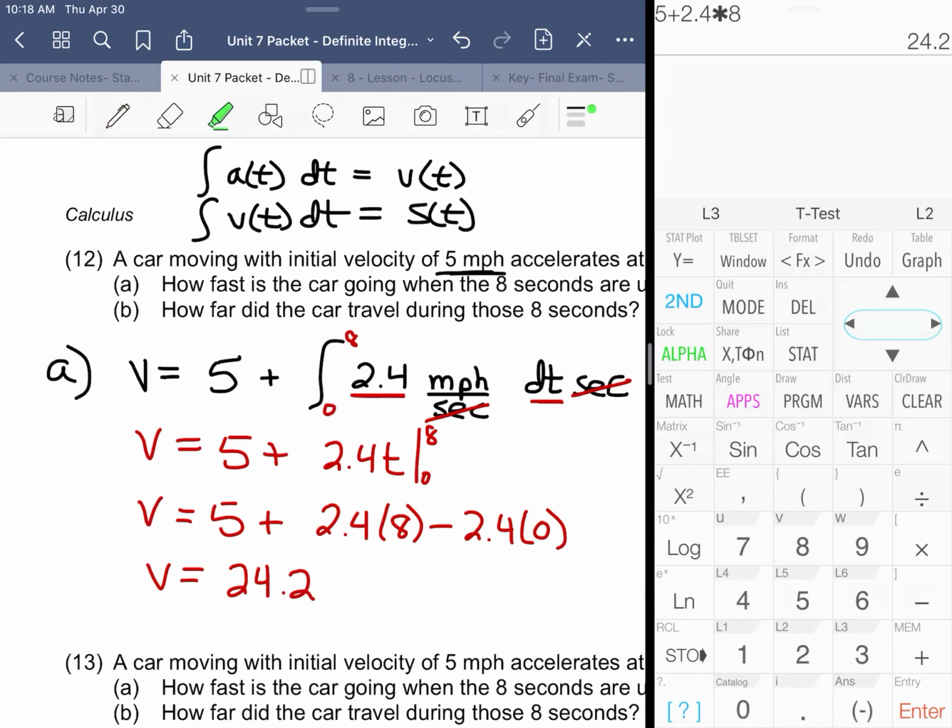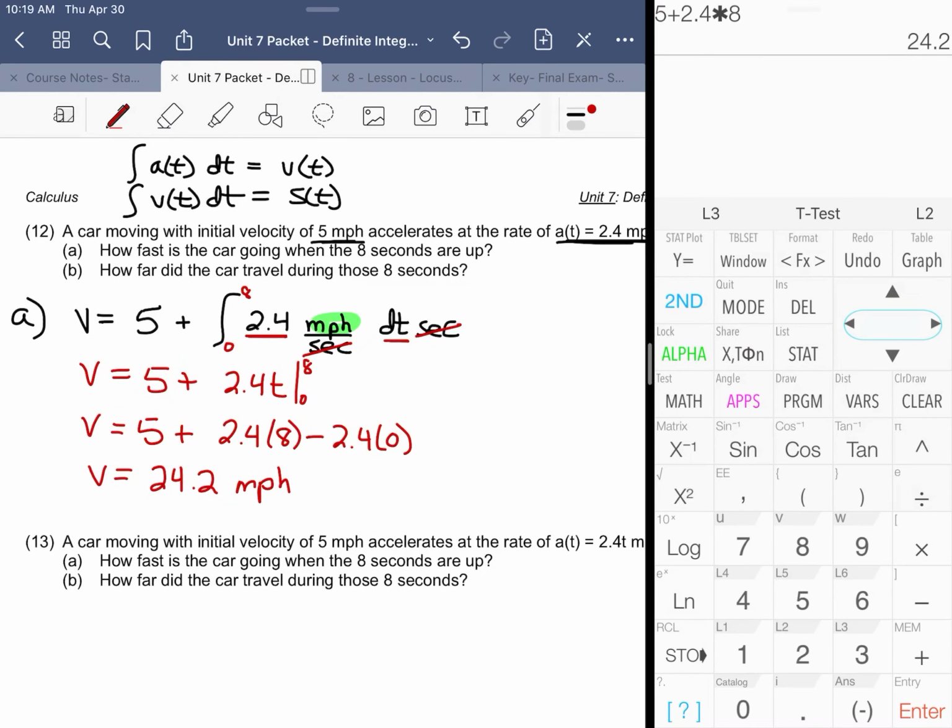All right, so 5 plus 2.4 times 8. All right, so 24.2. Those units, miles per hour, are going to carry along. All right, so mph. All right, so that's the first part.